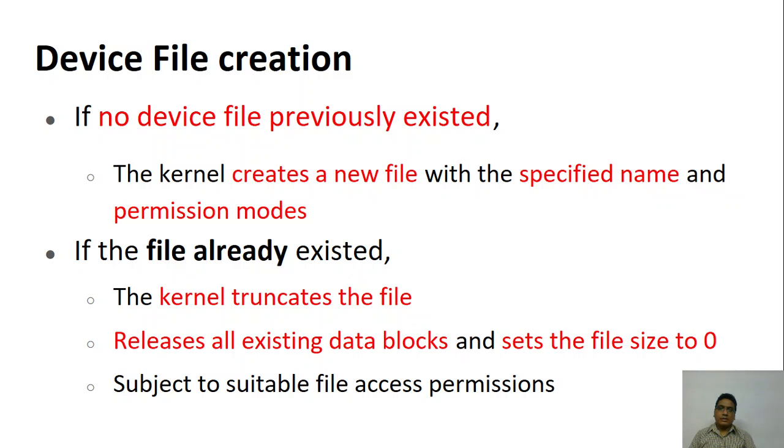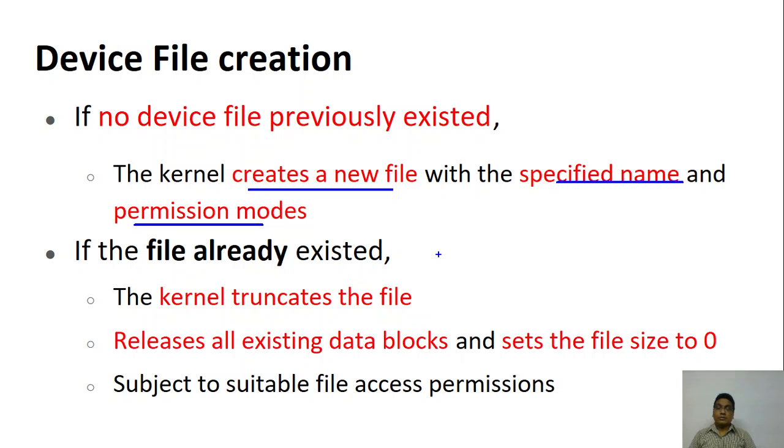Whenever we create a file for the device, the kernel checks whether such a file exists. If such a file does not exist in the system, like the regular file, it creates a new file with the name that you have specified and with the permission like read only or read write mode.